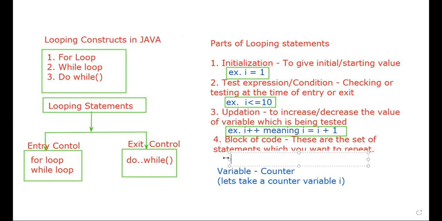You just write curly open and in that you write all the statements that you wish to write. It can be more than one line. So this is the code block. Example is curly open, curly close. Inside this, you can have a number of statements which you wish to execute.